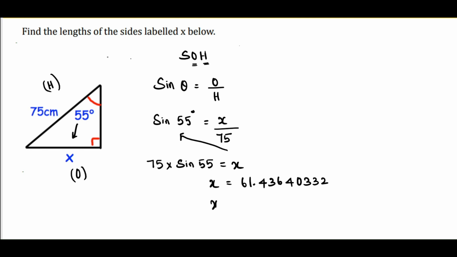So x is equal to 61.44 to 2 decimal places. This is in centimeters, as our hypotenuse was 75 centimeters.